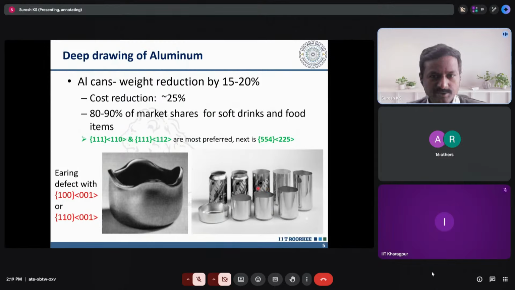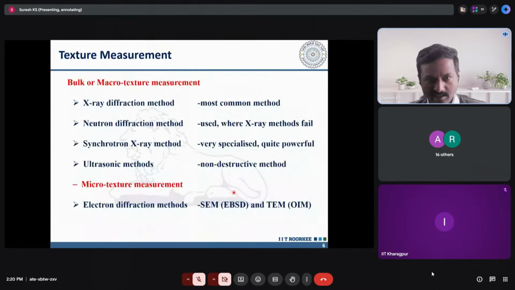So this has led to a really 25% cost reduction, and we don't use so much in India these days. However, in other developed countries, nearly 80 to 90% for soft drinks as well as hot drinks, these sorts of beverage cans are mostly made out of deep drawn aluminum.